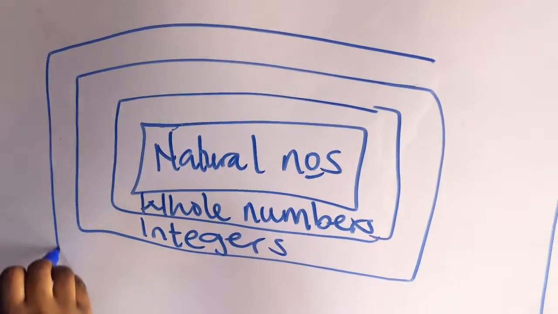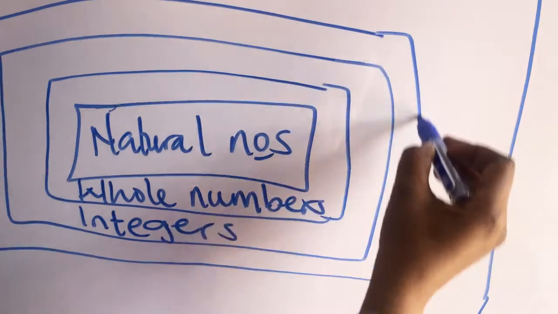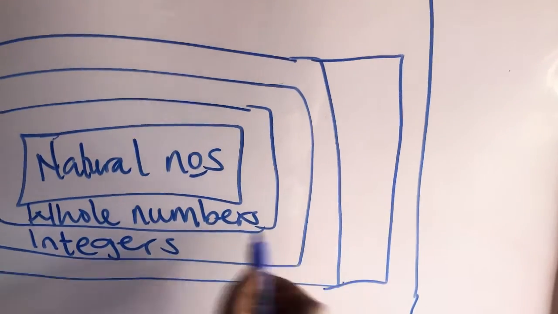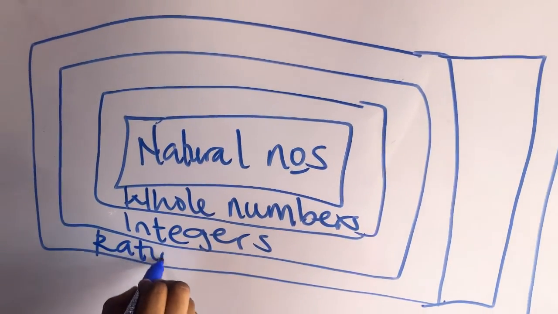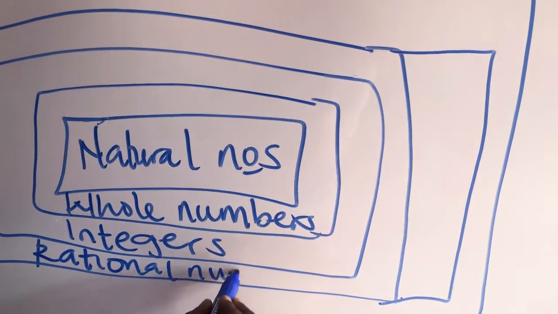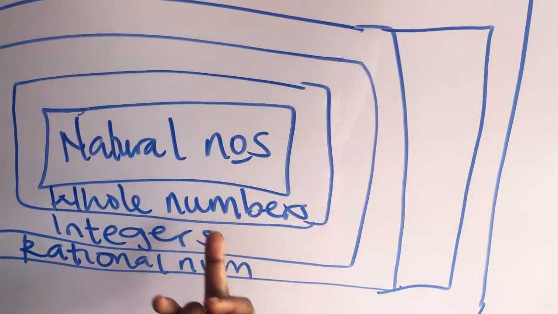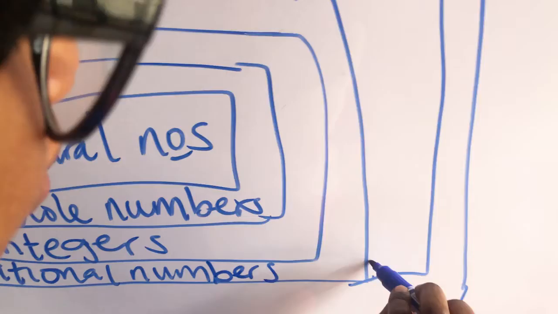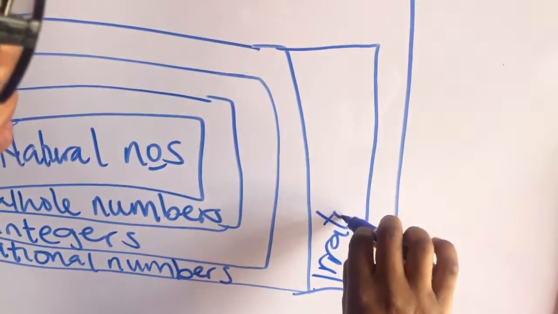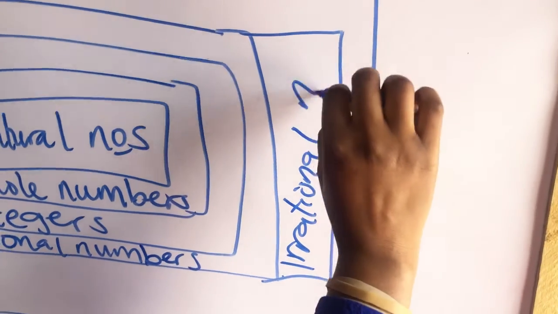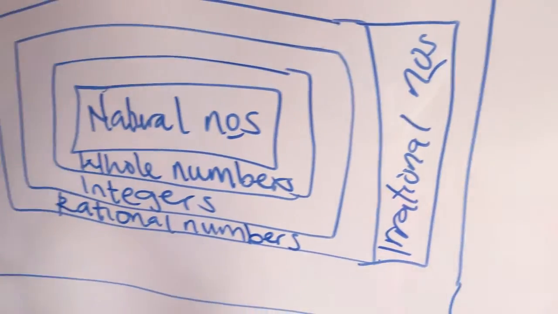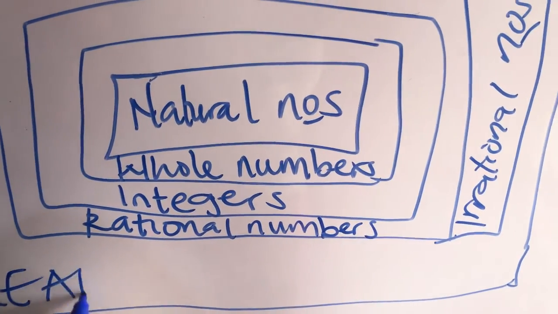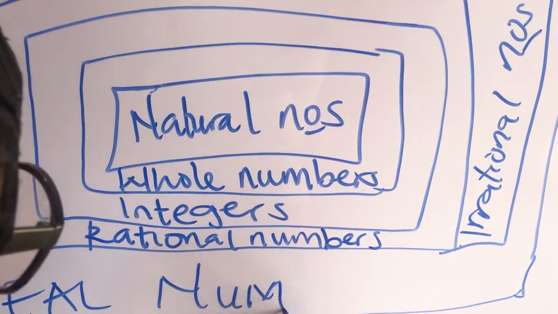At this side of rational, we have irrational numbers. It means that rational consists of natural numbers, whole numbers, integers. Irrational numbers will be here, just for you to understand it. So it is now real numbers that consist of all those numbers.